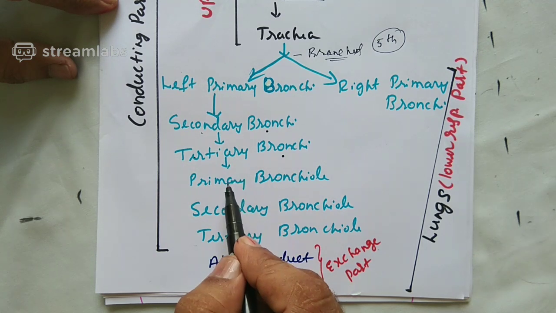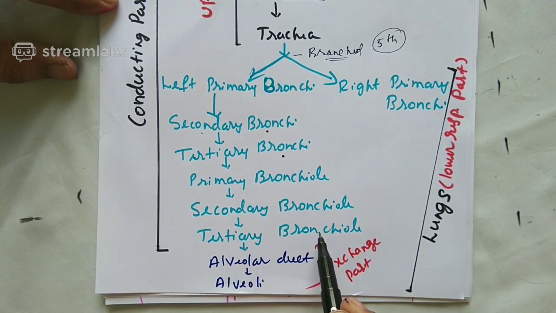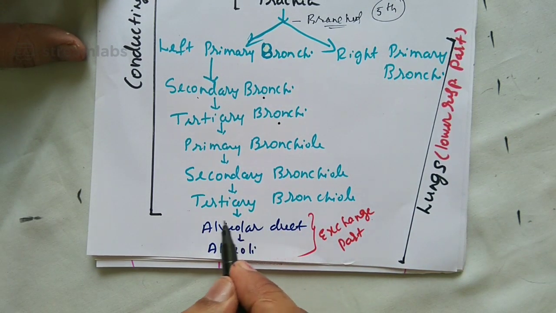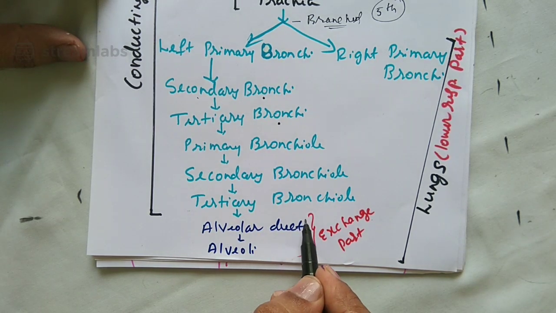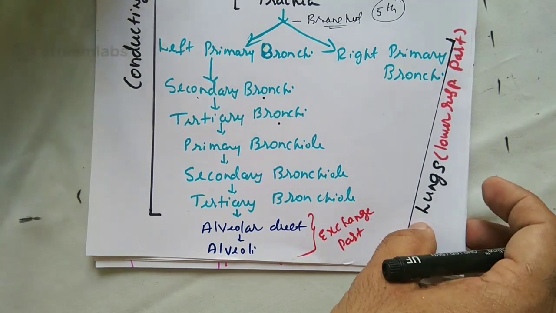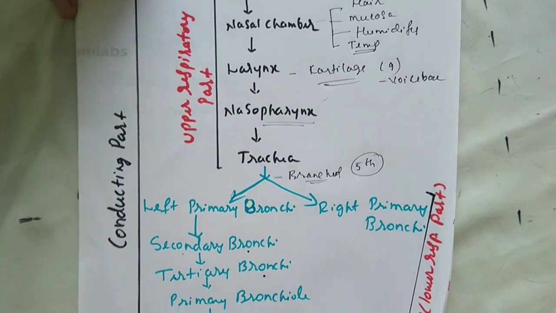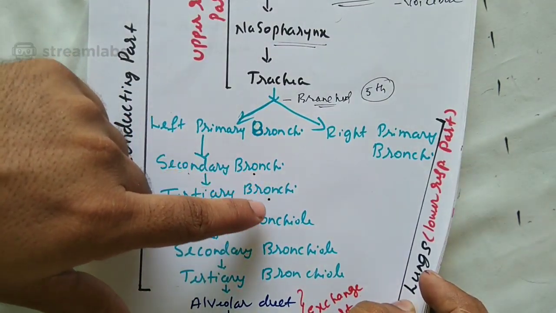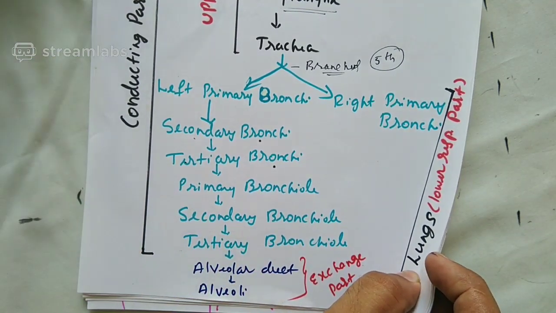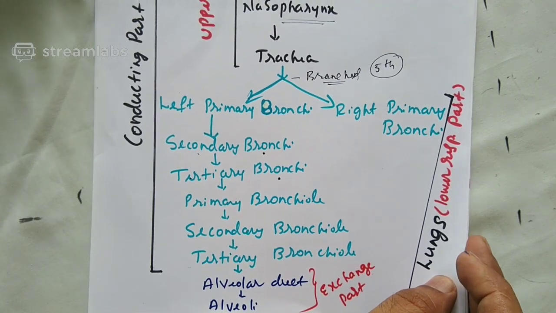The tertiary bronchi will become bronchiole: primary bronchiole, secondary bronchiole, tertiary bronchiole. And tertiary bronchiole will ultimately end with the alveolar duct, and it ends with the alveoli. Let me quickly tell once again: nostril, nasal chamber, larynx, nasopharynx, trachea, bronchi, bronchioles, and alveolar duct, and finally alveoli. Some important aspects to discuss are like this.